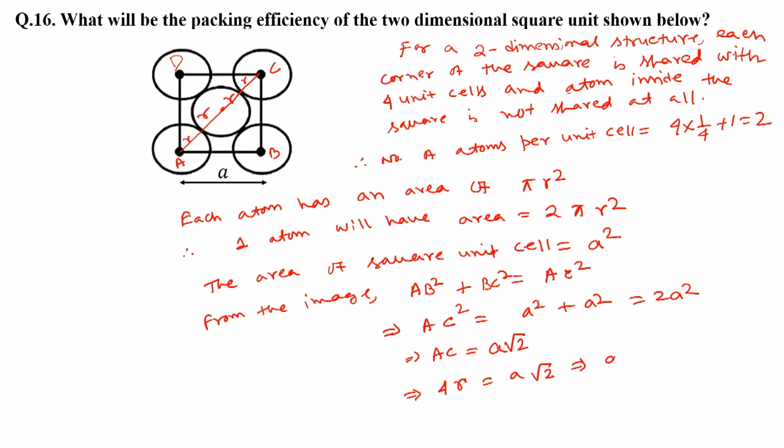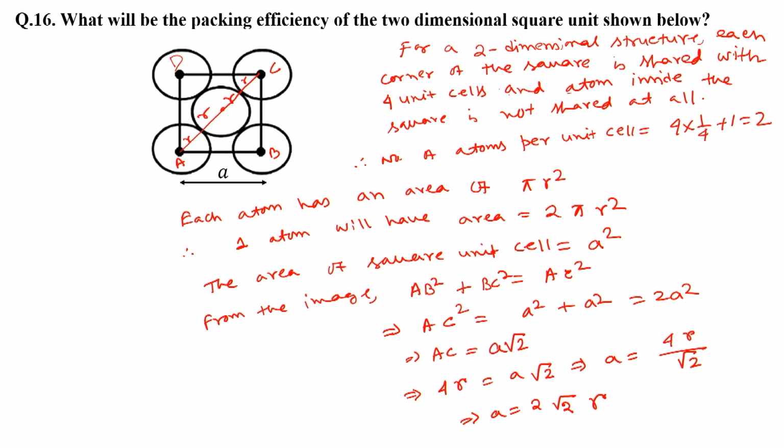From there we can calculate a. a is 4R by square root of 2, or a is 2 square root 2 times R.